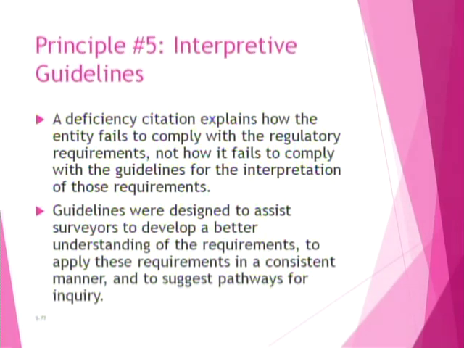So if you will, let's look at some interpretive guidelines. And what I did is I pulled F686. So if you pull that up, 686, you can see that this is about pressure ulcers.